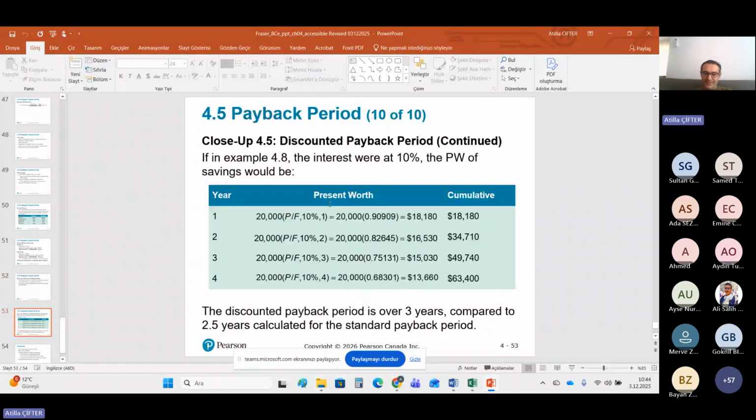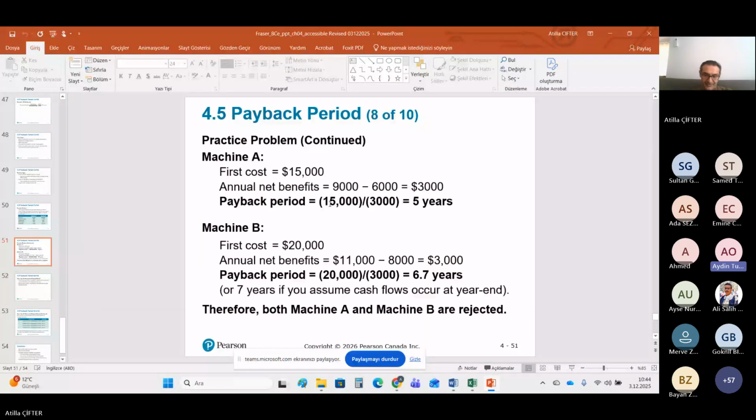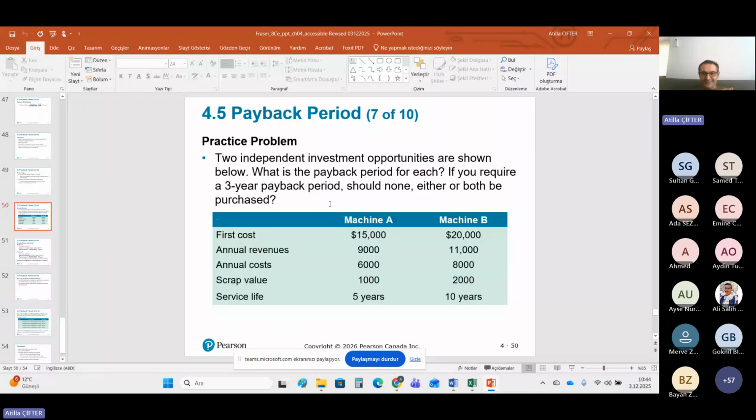Hocam, in the previous question, why did we ignore the scrap value? Because in the payback period, it doesn't take scrap value. Normally it is just a simple formula, cost divided by your return. Scrap value usually is not taken.